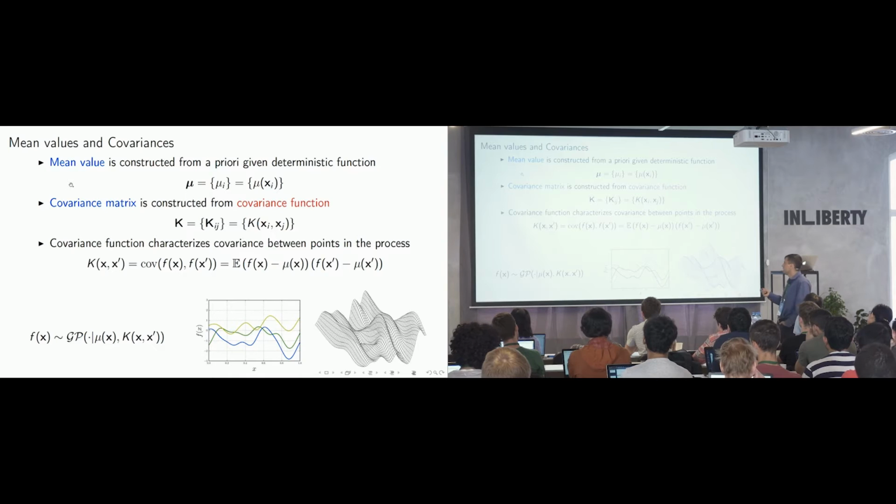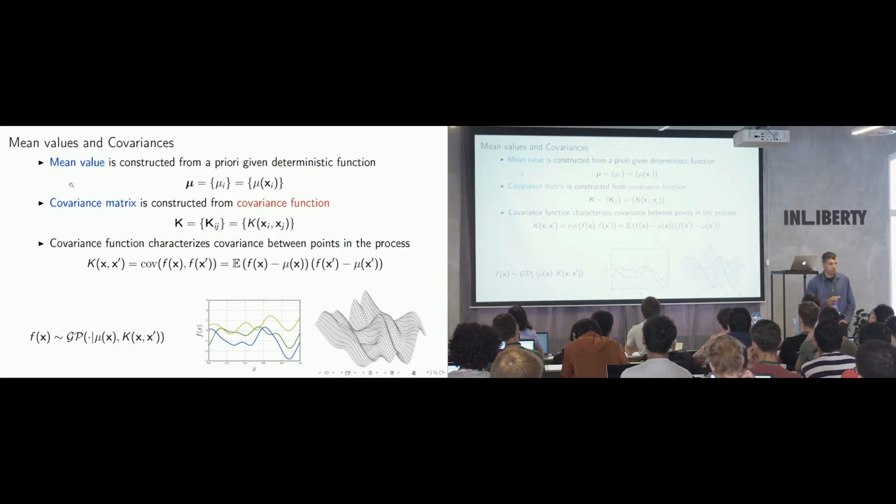And the second assumption is that we assume that the covariance matrix is fully defined by some covariance function k. Actually, this covariance function also can be interpreted as a kernel function. I guess all of you know what the kernel trick and reproducing kernel Hilbert spaces are, so this is exactly the same thing.